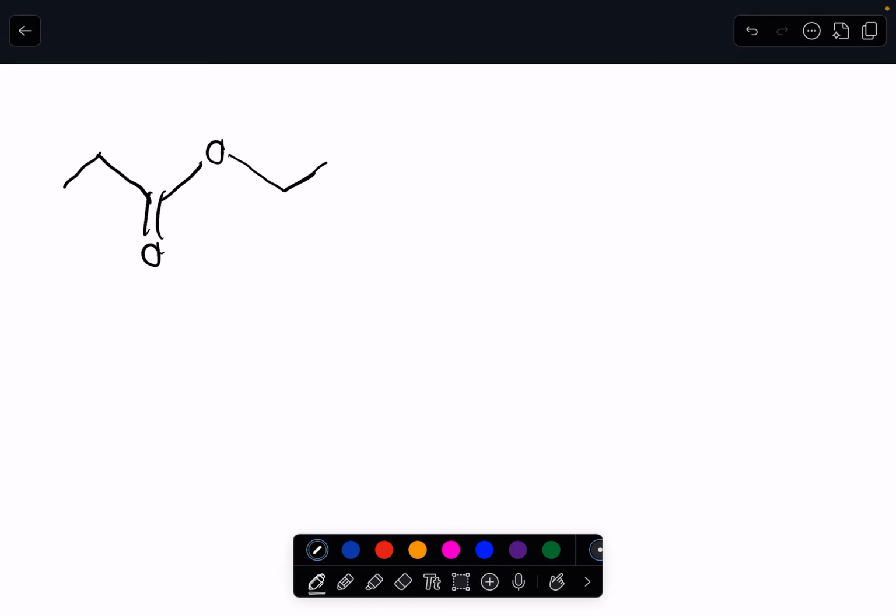Okay, so with this question, I'm going to pose: how many signals are there, and what does the splitting pattern look like? The first thing I like to do is look for any stereocenters, anything that could throw off the protons from being diastereotopic from each other.